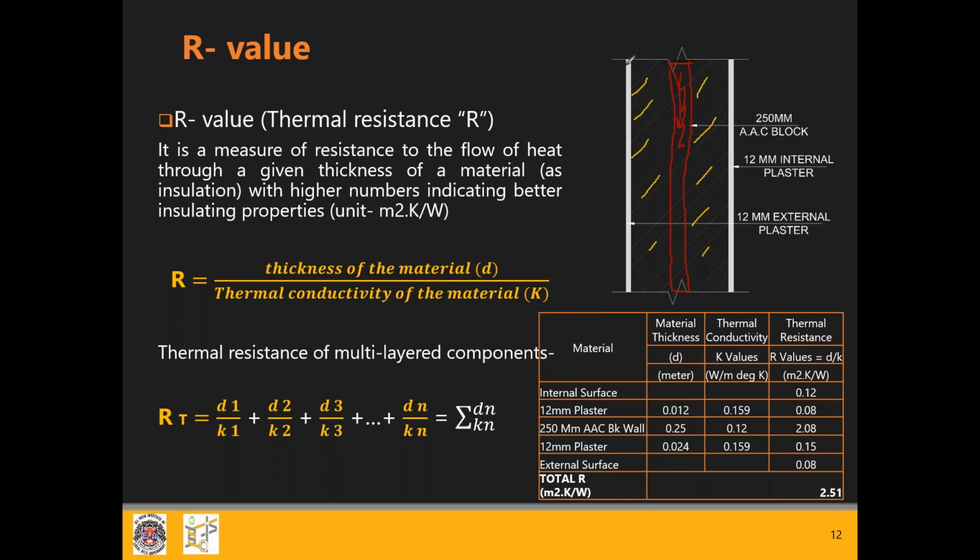In this case, you will have 4 different materials. One is the plaster on the outside and inside. One is the brick that is there in 2 walls, and then there is the insulation layer in here.